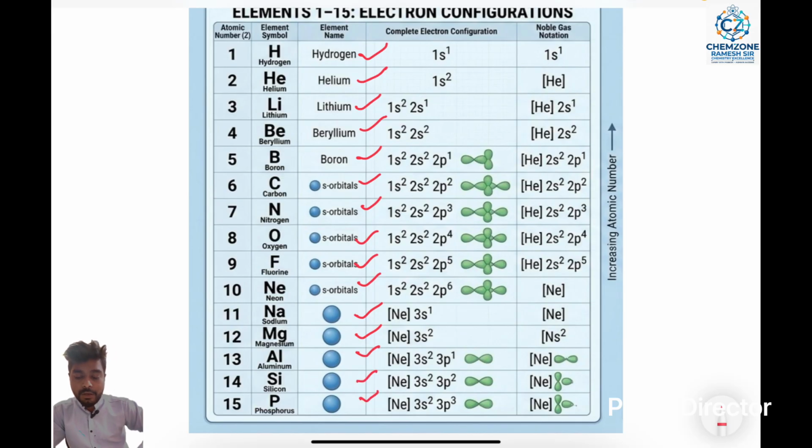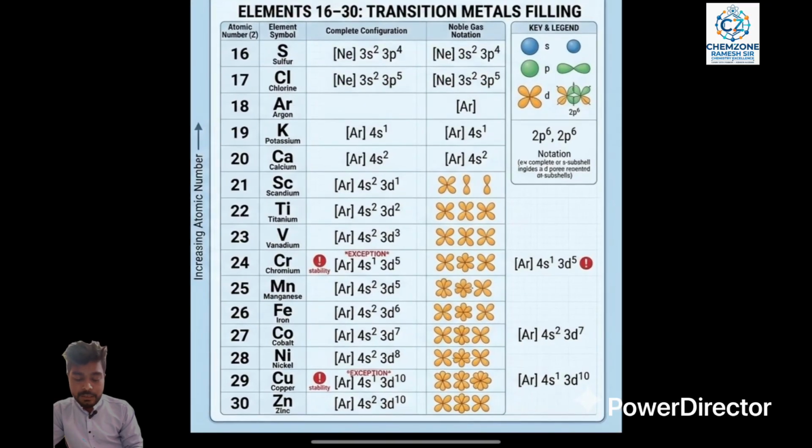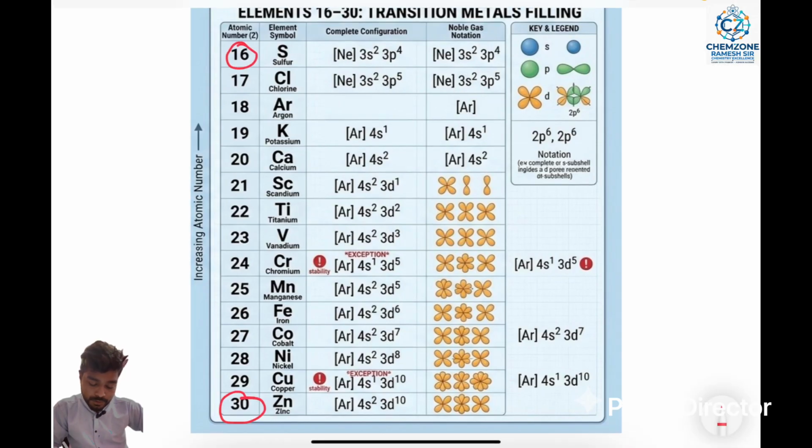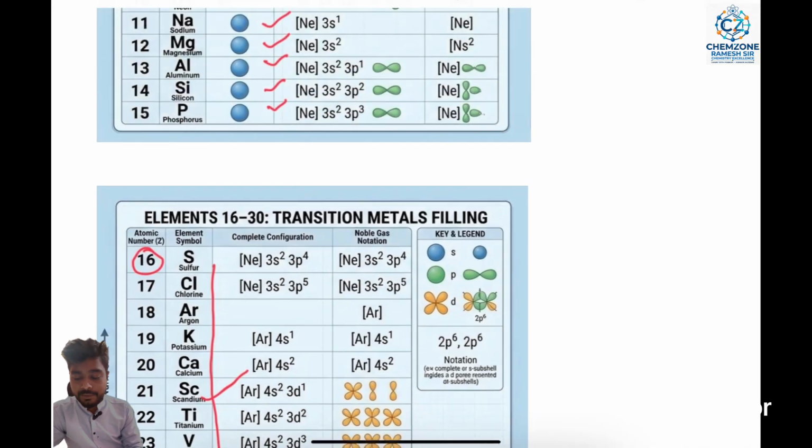Okay, 15 electrons are present here. Then the next is 16 to 30, which are present for the electronic configurations. Okay, I will discuss these electronic configurations in the next slides.